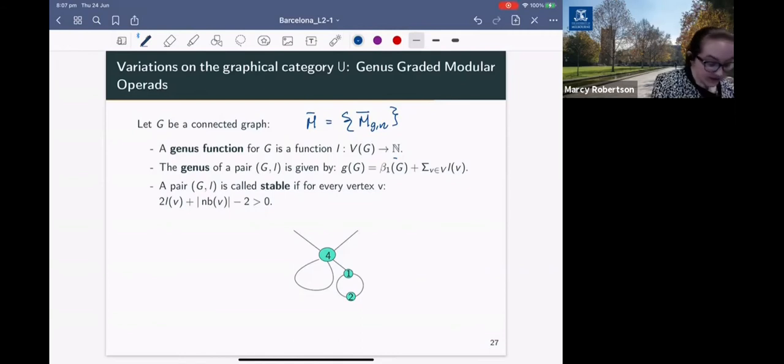Then you can define the genus of the whole graph by taking the first Betti number of the graph G plus the sum over all the genera at each vertex. So for this graph, I have 2, plus 4, plus 1, plus 2.